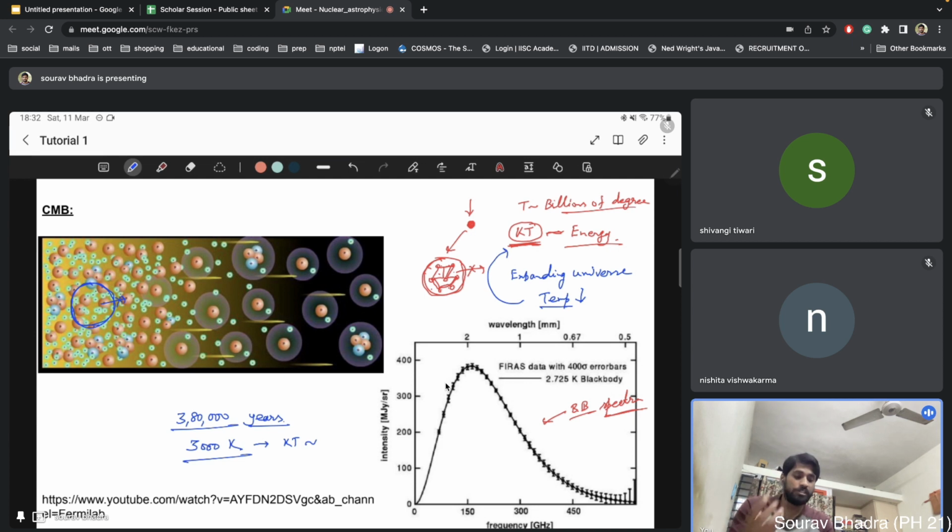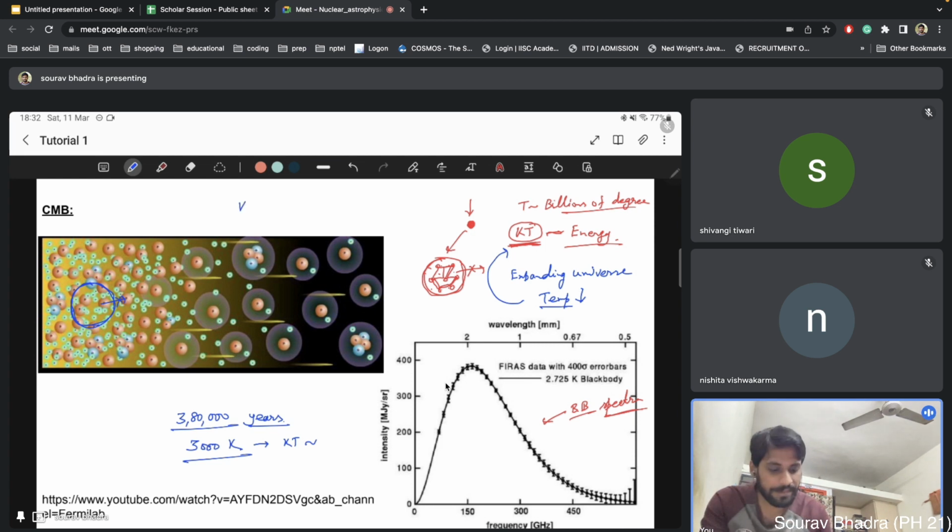It is possible to create hydrogen, because the thermal energy now is lower than the 13.6 eV energy, so the atom can be formed, and it cannot be relaxed again. The electron cannot leave the orbit after formation of the hydrogen, because the thermal energy is low.